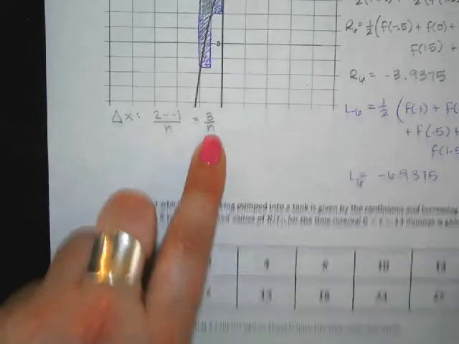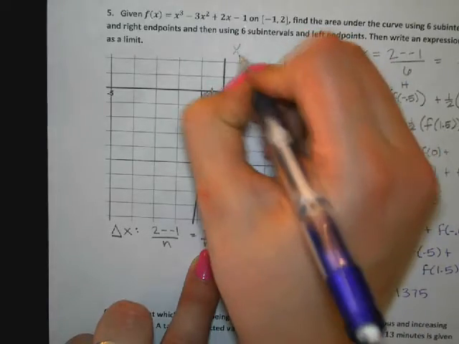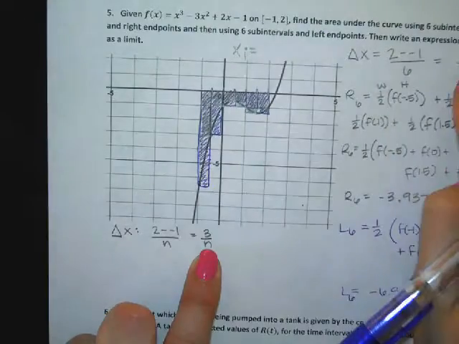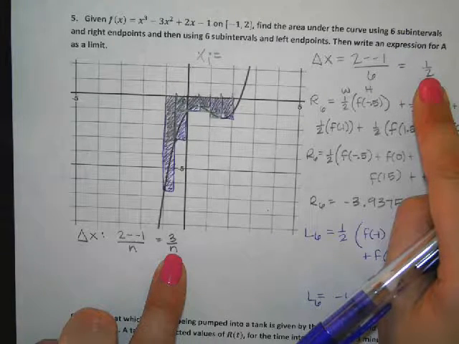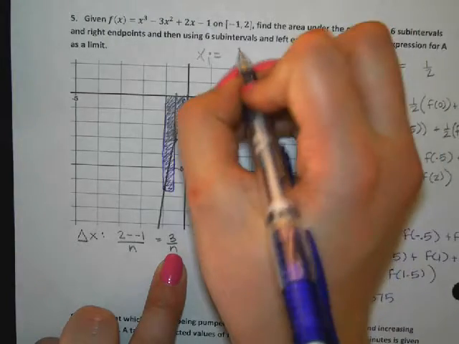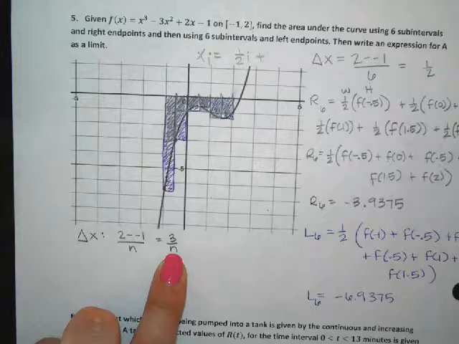I'm going to go up here. I think the xi for this problem might make a little bit more sense to you guys. The xi comes from when you take this number right here. Remember, it was delta x times i plus the lower bound. So this is 1/2 times i plus, what was the lower bound?